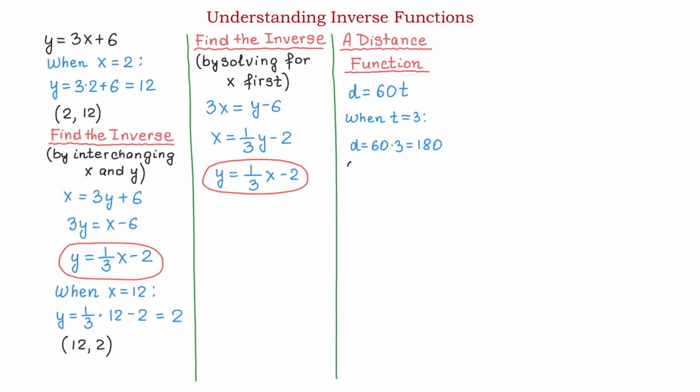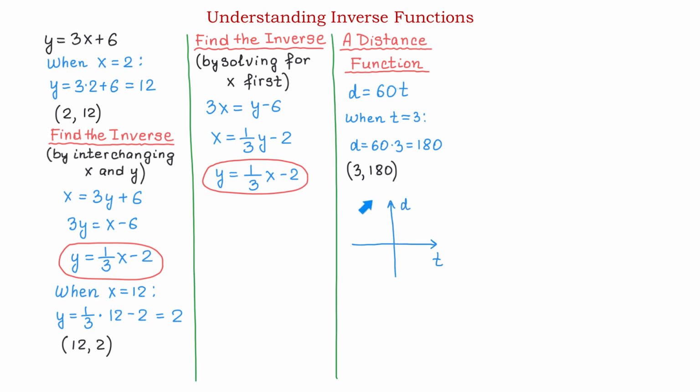So we can say that the point (3, 180) is a point on the graph of this function. And if we would graph this function, then the horizontal axis will be the t-axis and the vertical axis would be the d-axis.